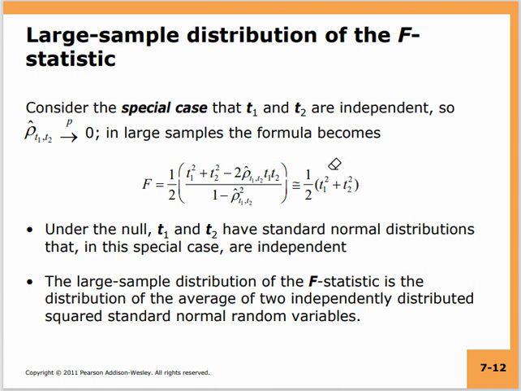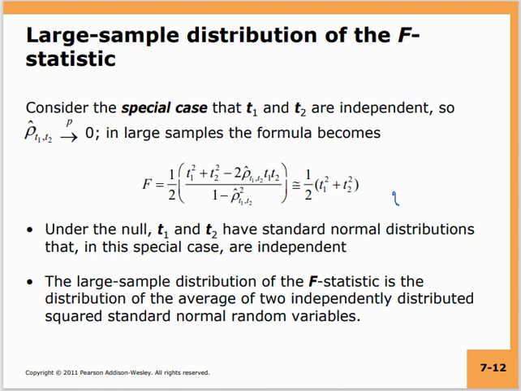Now, if you remember, when we tested individual T1 and T2, we said that when the sample is large, T1 is distributed according to a standard normal distribution, and T2 is also distributed according to a standard normal distribution. Now, the sum of squares of standard normal variables is actually distributed according to a chi-square distribution.